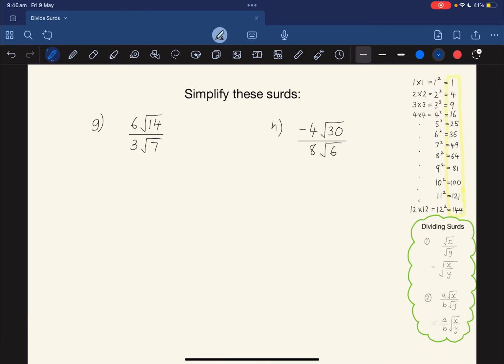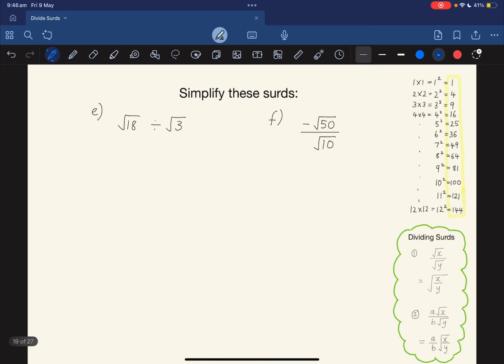Now, how many more have we got? Oh, okay. Just 4 more. Let's do it. Root 18 on root 3. Now, don't write the division sign like that. We're going to just write it like this, over the top of each other. Root 18, can we write that as a product of a square number?